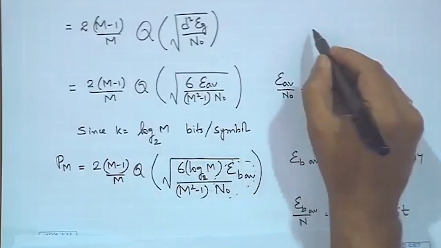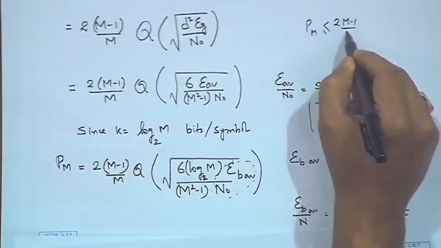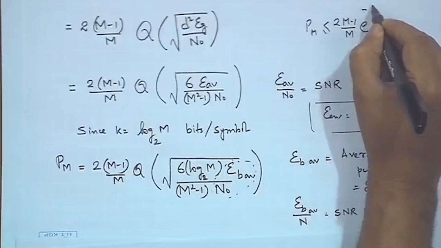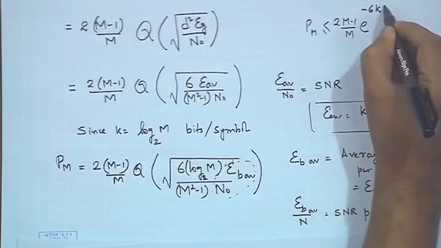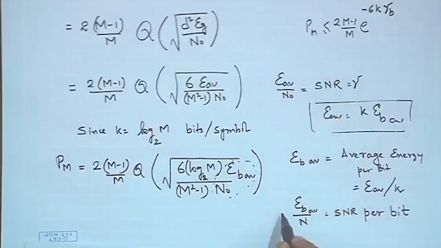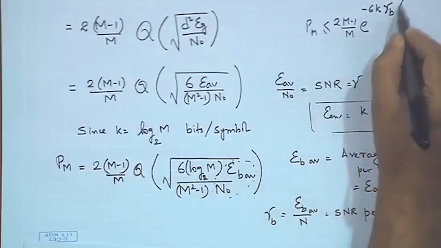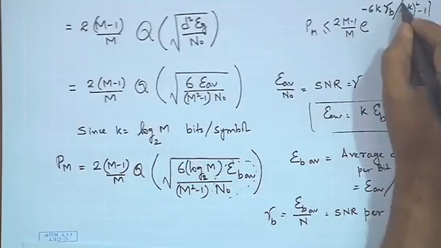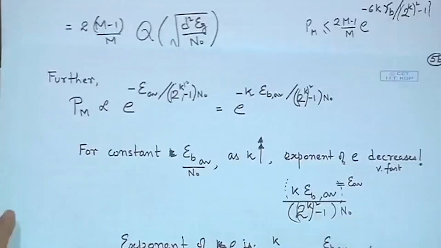So, from this you can say that P_m is less than or equal to (2(m minus 1)/m) e to the power of minus 6 times, since k is log base 2 of m, gamma b, divided by 2 to the power of k squared minus 1. So, that is what we have, and that is what we said in this particular expression as well.